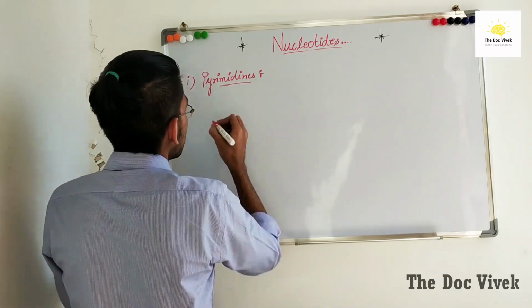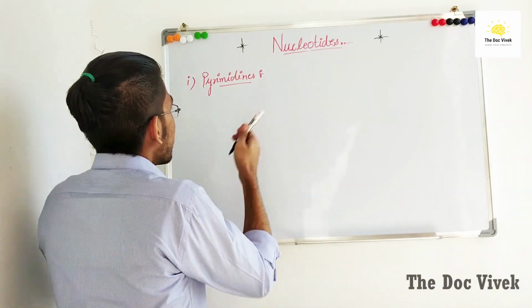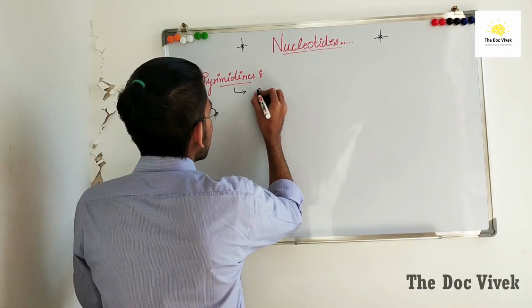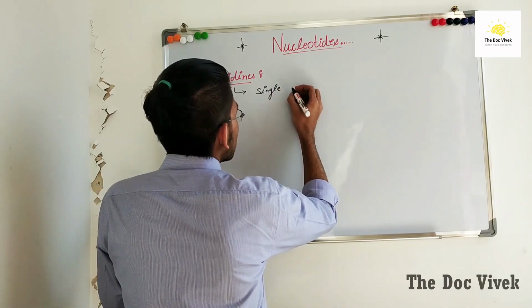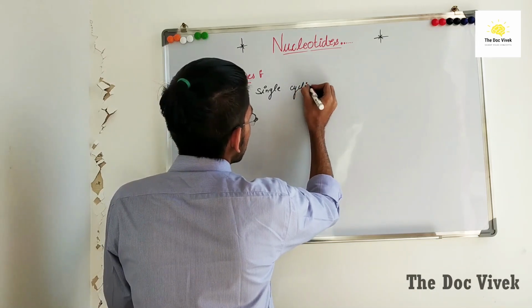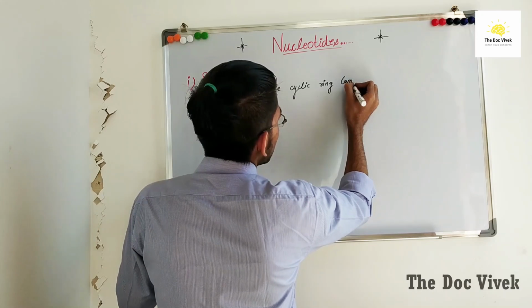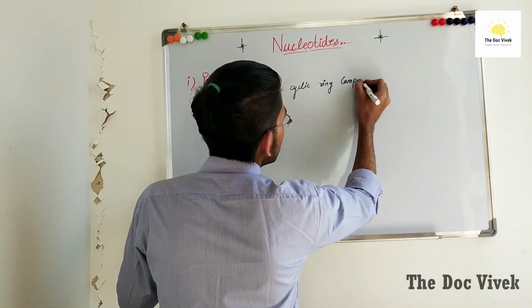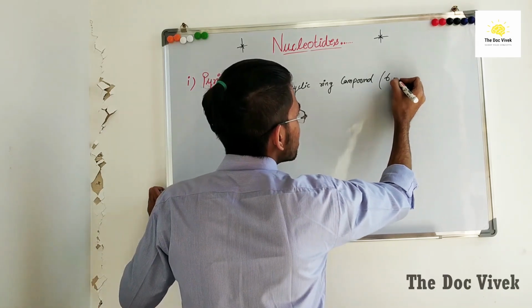Pyrimidines are a single cyclic ring compound which comprises six members.